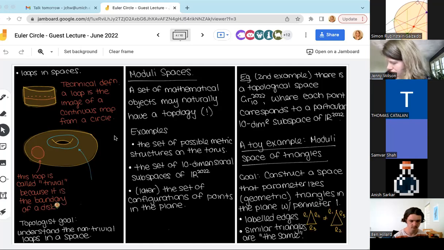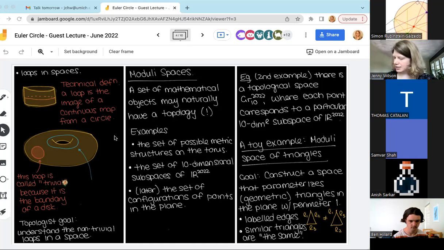Right, it's the boundary here. I can fill in this little disk inside my loop. And so somehow that makes this loop degenerate from the point of view of this sort of topology. And so these are called trivial loops.